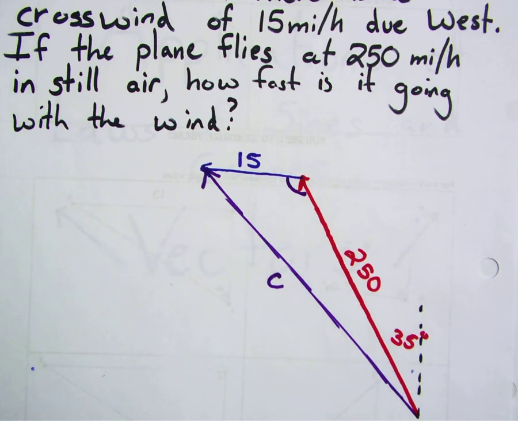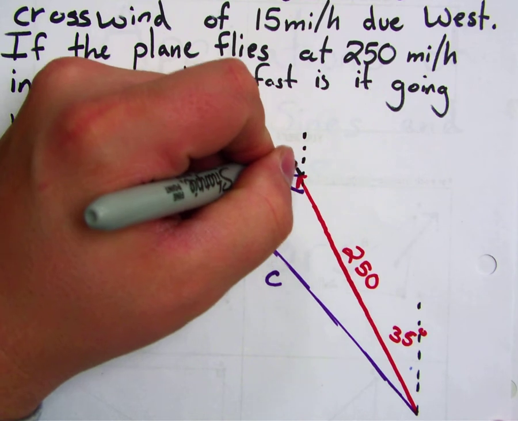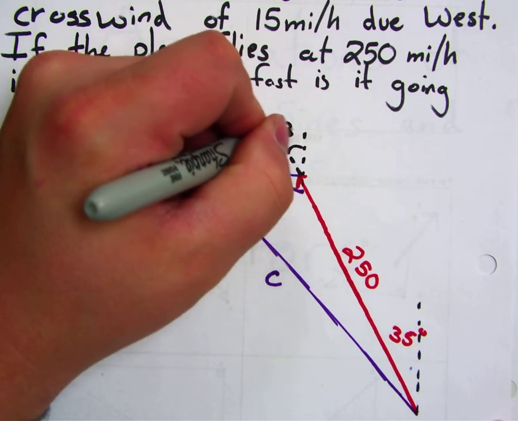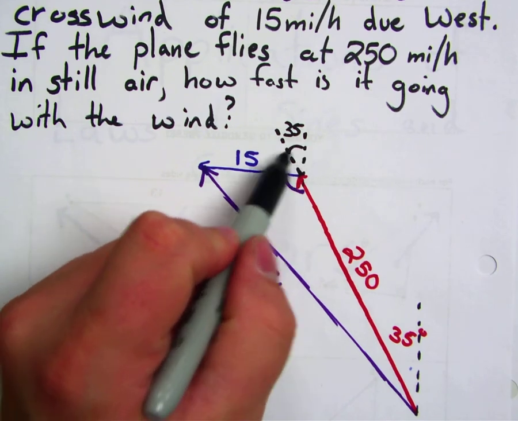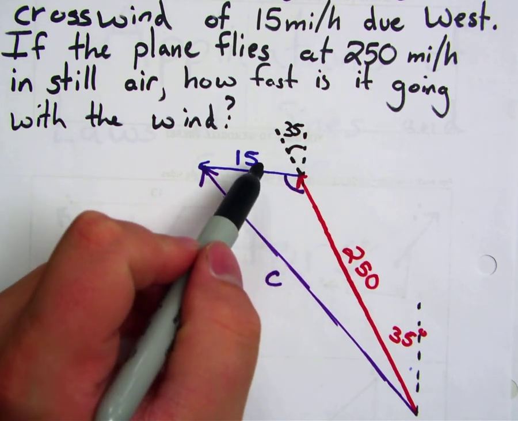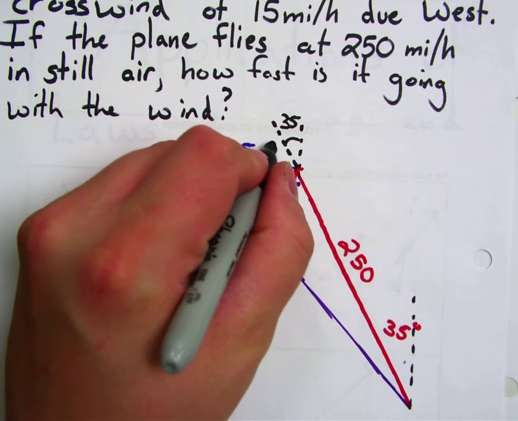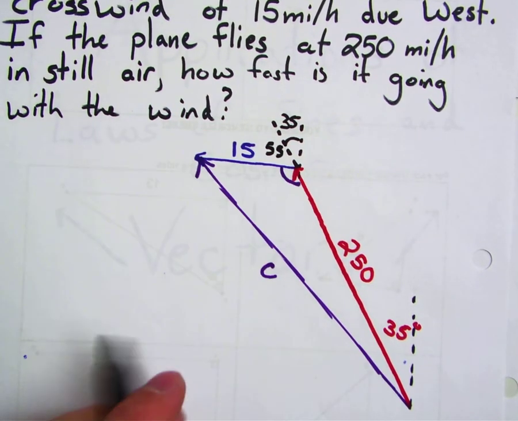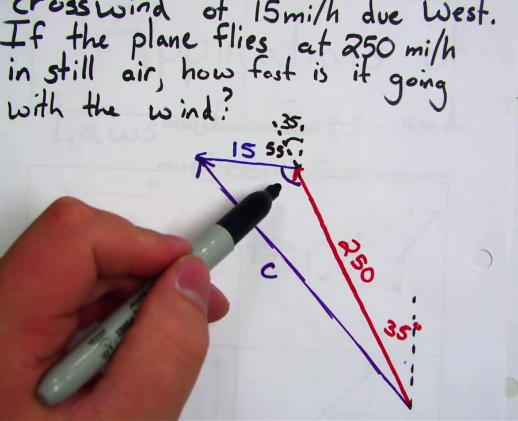To find that angle in the middle, we have to just think about the relationships between these two vectors. If I had another north-south line here, and I kept this vector going, that would be 35 degrees. But I would know that these two angles here would add up to 90. So that would tell me that this angle on this side is 55. And then I can use this linear pair: 55 and this angle would add up to 180.